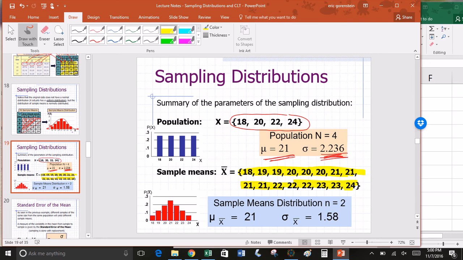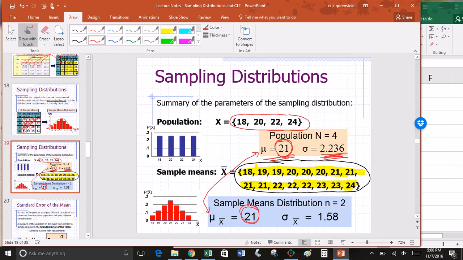If you take the average of this set, if you take the mean of all of the sample means, you get 21, which is exactly the value of the population mean. So this observation is leading us to believe that maybe the mean of all of the sample means is equal to the population mean.